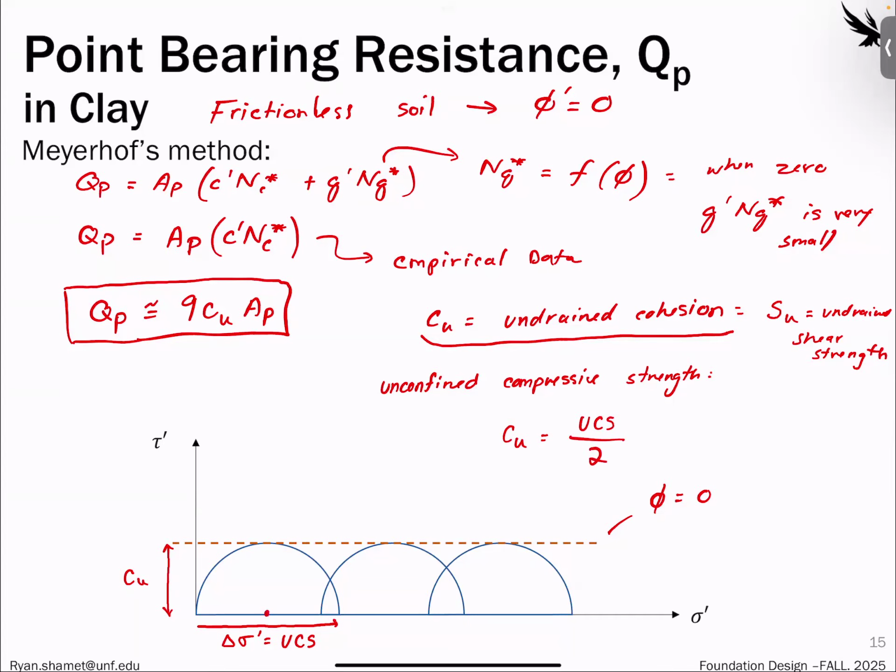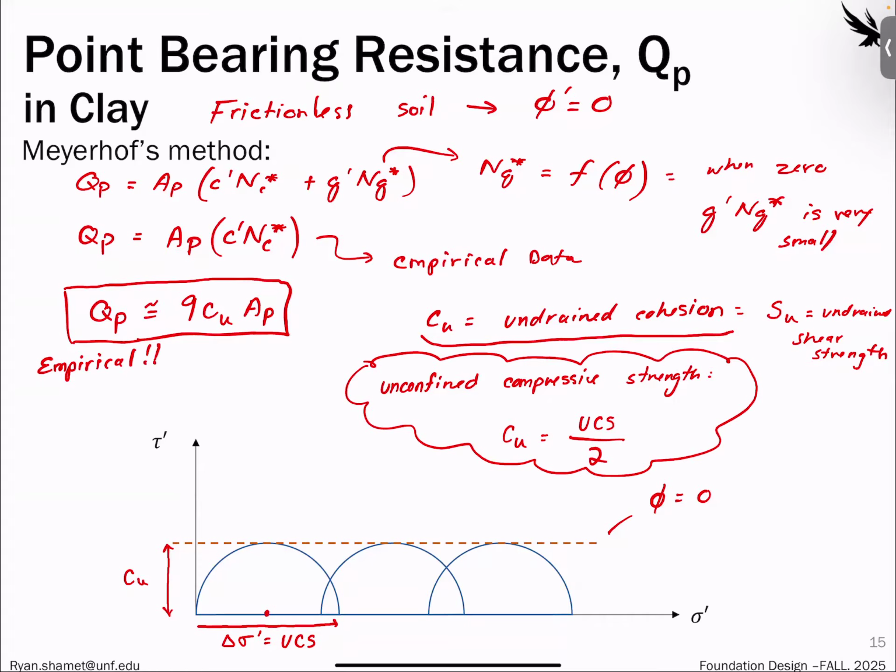Because this is just a diameter and this is a radius. So that's how we can get that there. So this method is an empirical method, so it's for estimates. What you'll see next class, we'll talk in a little bit more detail about it. For clays, it really is good to use some type of in situ testing to get a better understanding of it. So those are Meyerhof's methods.